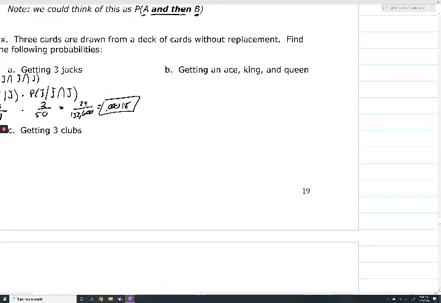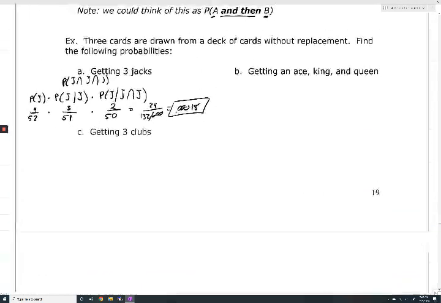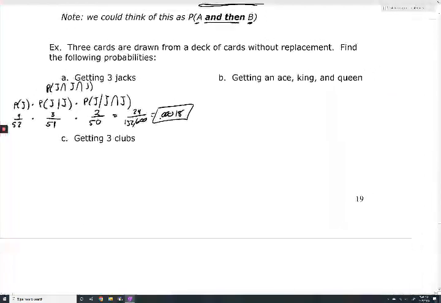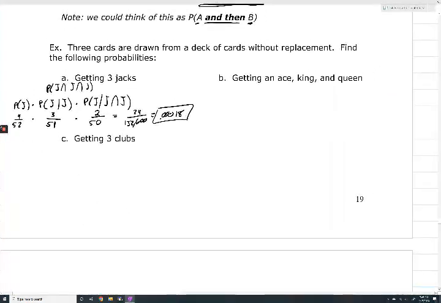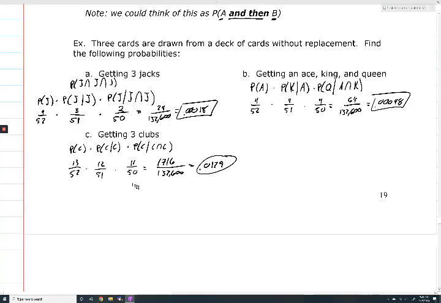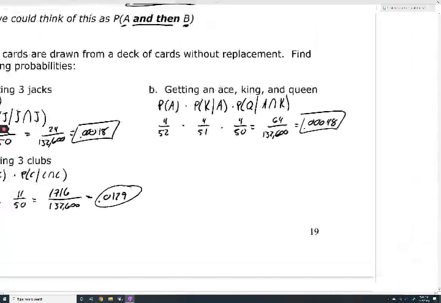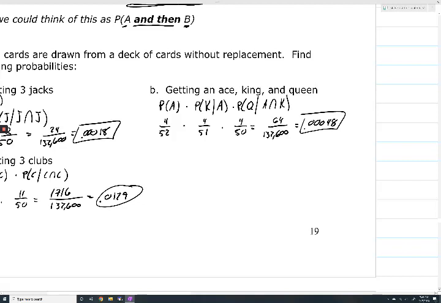All right, pause, go ahead, finish these last two problems here, and then unpause and check to see if you got the same answers I did. All right, so we went through and did the same thing. Same setup. For B, it was an ace, then a king given an ace, and then a queen given an ace and a king. In this case, my numerator didn't change because I was changing the type of card I was looking for.